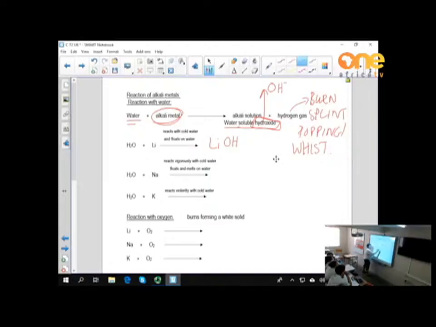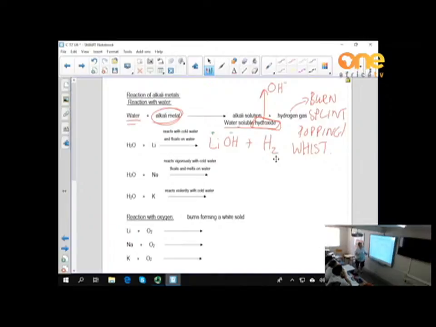Now, lithium has a +1 charge, hydroxide has a -1 charge, so the formula remains as it is, LiOH. Together with the lithium hydroxide, what are we going to get? Hydrogen gas. Why do I write hydrogen gas as H2? Hydrogen is diatomic. All the diatomic elements, if they occur alone as an element, have a subscript 2.